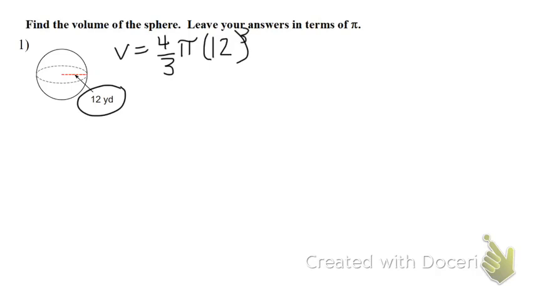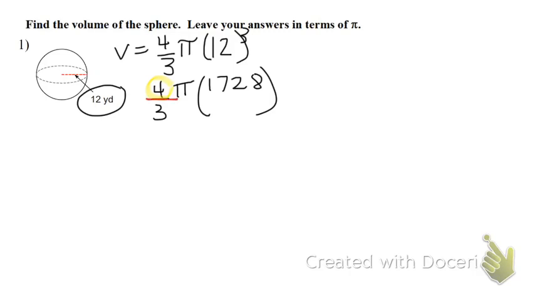This is calculator, 12 cubed, or 12 times 12 times 12. 12 times 12 is 144, but times another 12, that's a big number, 1,728. So now I have 4/3 pi times 1,728. Now, this 4/3 over here, you're just going to multiply by the 4, which is on the top, and then divide by the 3.